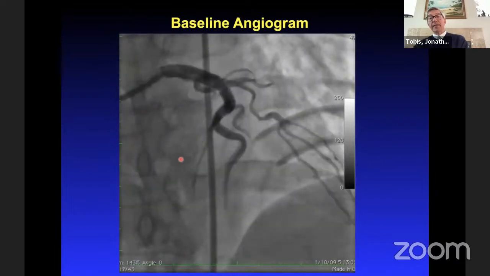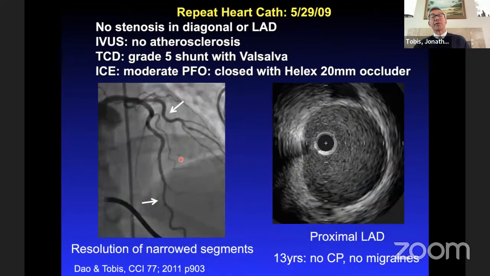She came to me a few years later, and we took her back to the cath lab, and I did a transcranial Doppler. She had a grade 5 shunt with Valsalva, so she has a PFO. Repeating the cath, no stenosis in the diagonal or this distal LAD.